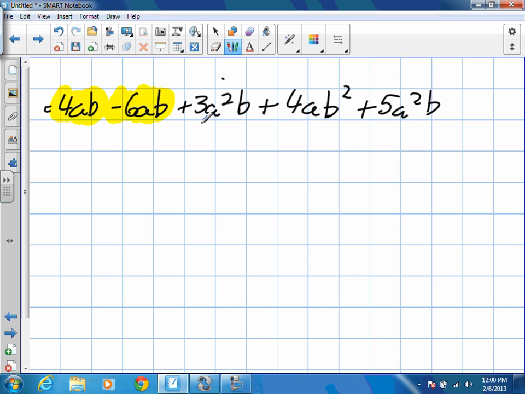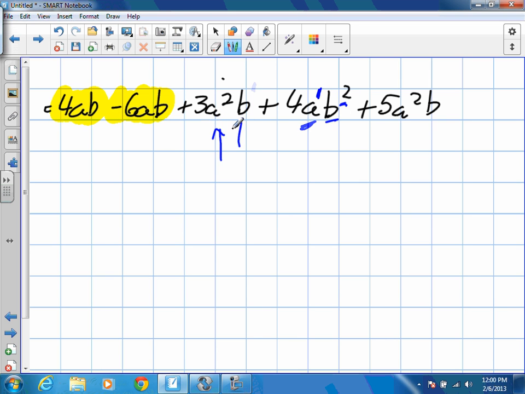3a squared b. Would 4ab squared be the like term? Why not? The exponents are different. In this one, our a's are to the power of 2 and b's to the power of 1. In the other one, our a's are to the power of 1, which is different, and our b's are to the power of 2, which is different.